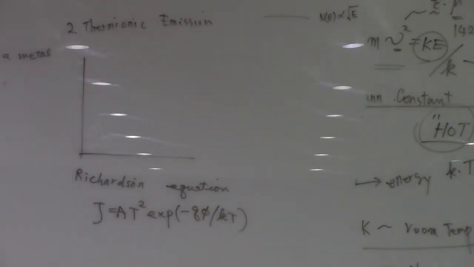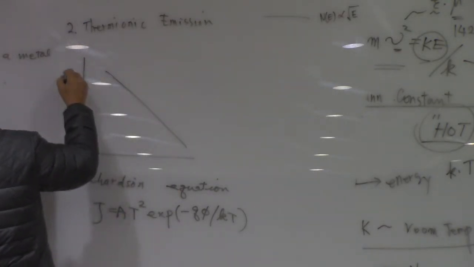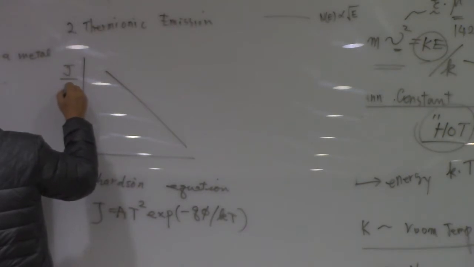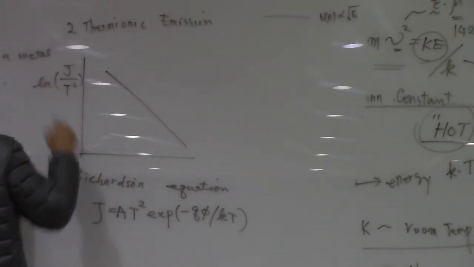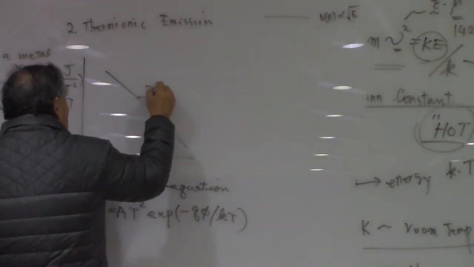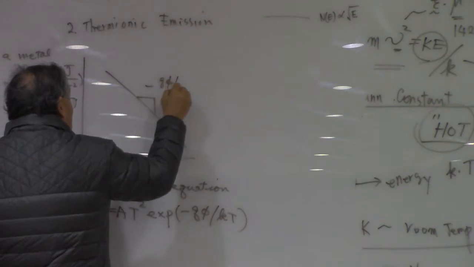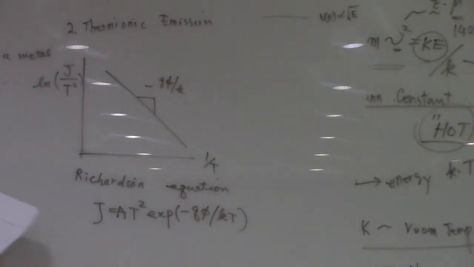So if you plot the log of J over T squared, then this slope corresponds to q phi over k. This is 1 over T. Okay? So with these two methods, we can get the work function of the metal.